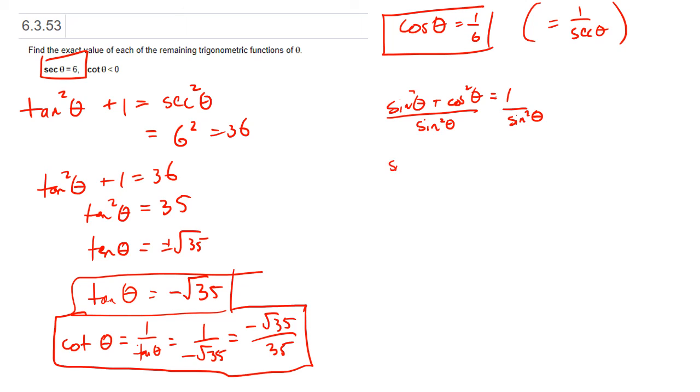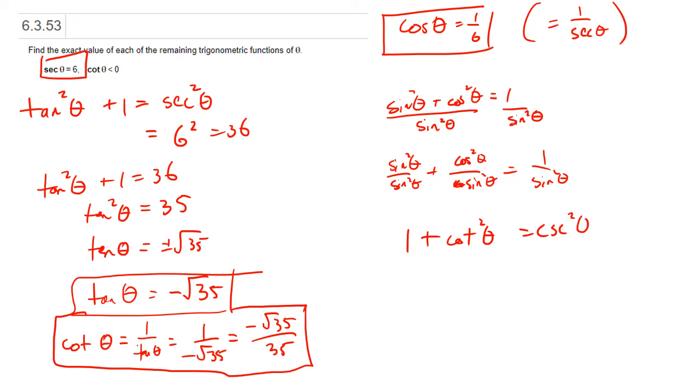So if I split this up, I get sine squared theta over sine squared theta plus cos squared theta over sine squared theta, equals 1 over sine squared theta, which I can simplify as 1 plus cotan squared theta equals cosecant squared theta. And we've already determined cotangent theta to be negative root 35 over 35. Now if I square that, we get 1 over 35. So this gives me 36 over 35 equals cosecant squared theta.